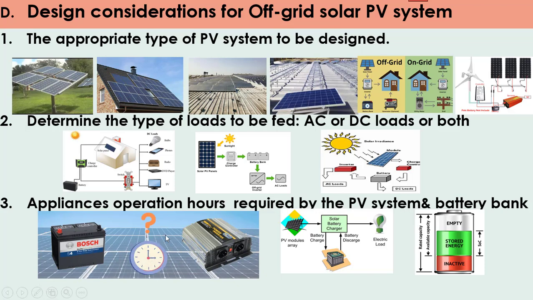We must take into consideration the size of the battery bank, and this will be discussed in the next lectures: how we can size the battery bank, the number of batteries, the way of connections, how many batteries in series, how many strings of batteries.